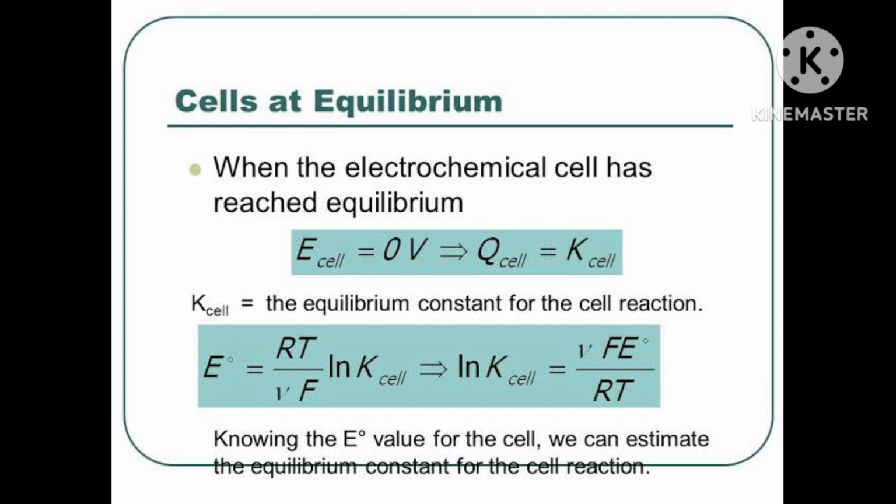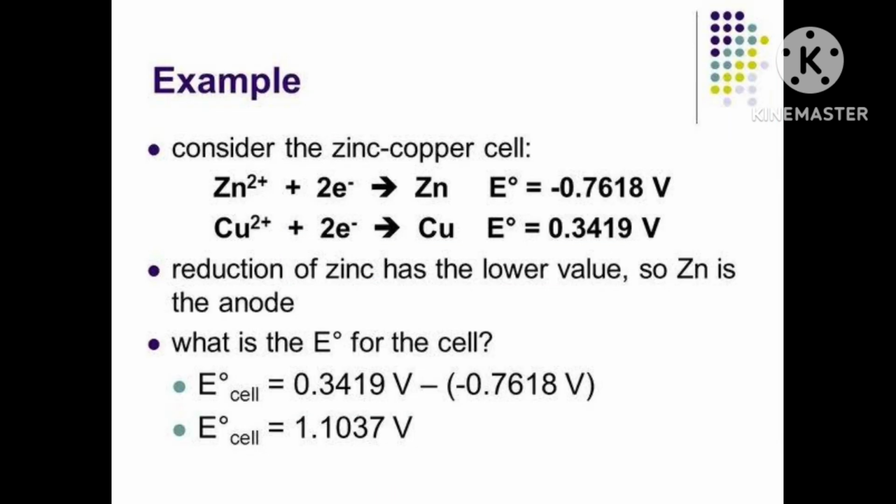By cross multiplication, n into E cell standard is equal to 0.059 log Kc. Then log Kc is equal to 2 into 0.46 divided by 0.059, so the log Kc value will be 15.6.